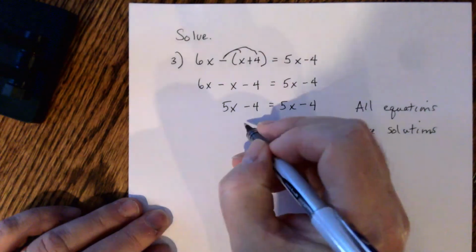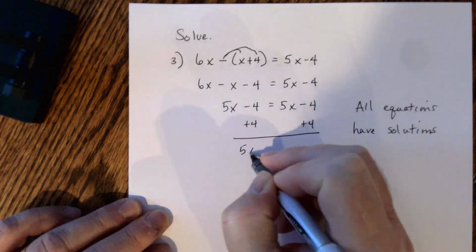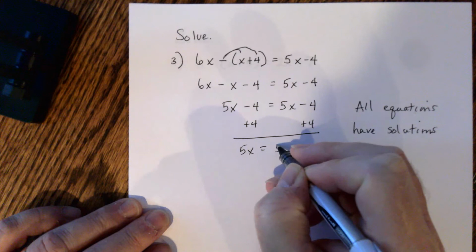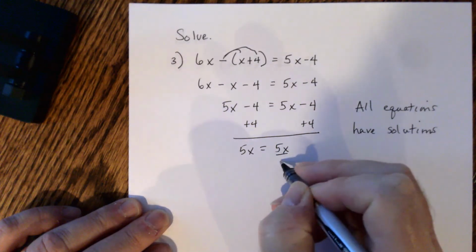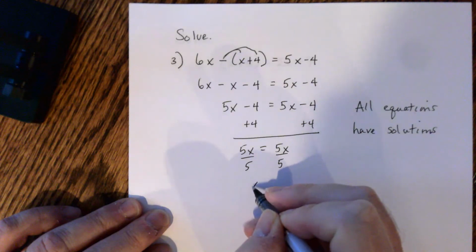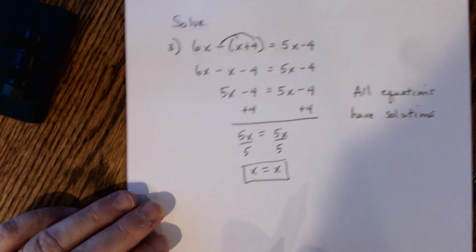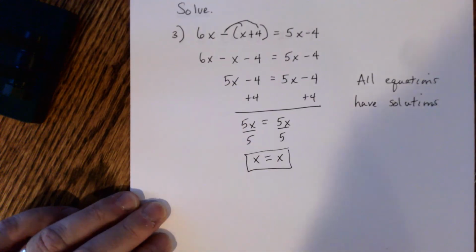So for example, if I add 4 to both sides, I'm going to end up with 5x is equal to 5x. And now if I divide both sides, I end up with x equaling x. In this particular case, it doesn't matter what x equals. It will work no matter what number that you pick.